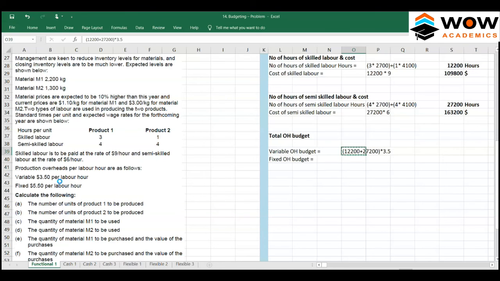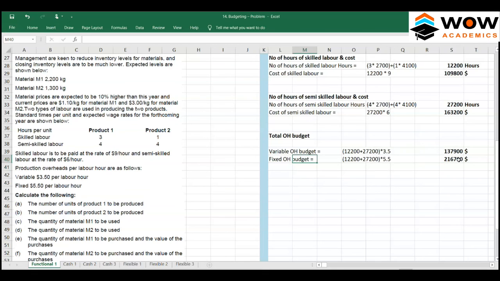So once we get the answer, it is in terms of dollars. So we will do the same for fixed overhead. Fixed overhead, everything is the same except for the rate. Rate is 5.5 per labor hour. So we can just copy it, paste it, and get the answer. So we got the answer.